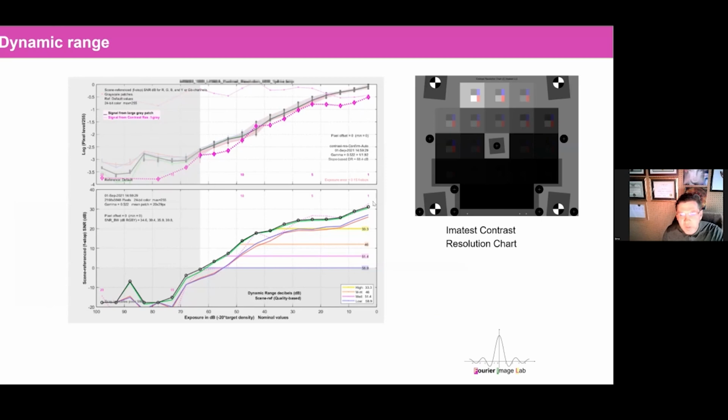And for dynamic range, I'm using here an ImaTest contrast resolution chart, and the lower diagram is how we evaluate the dynamic range capacity: the brightest patch and the darkest patch which we can capture within a range of SNR below a certain level, which we describe in the test.